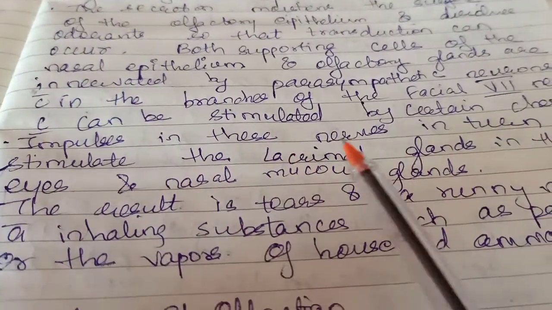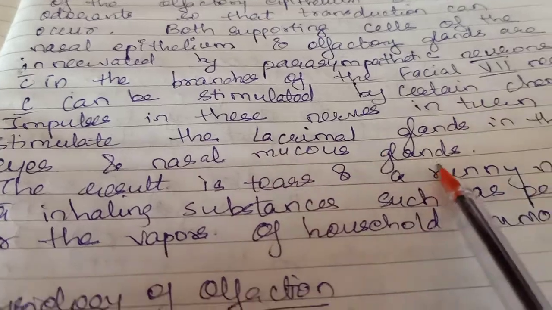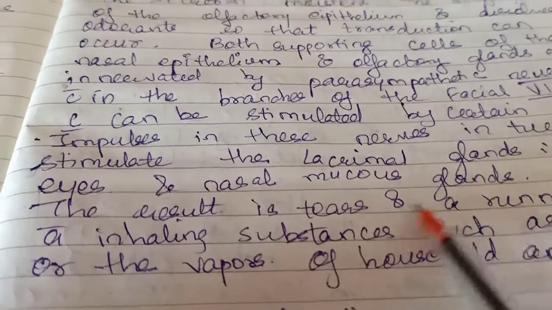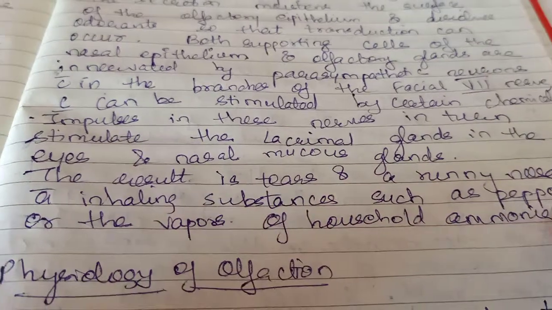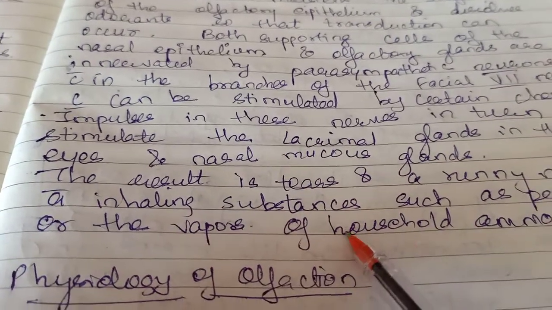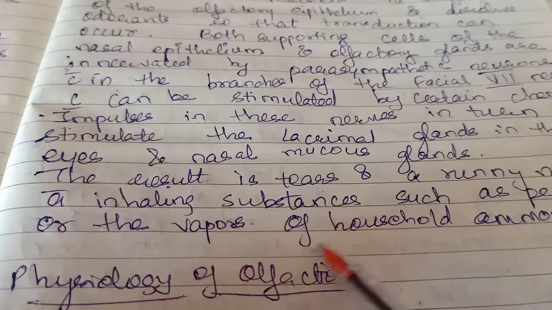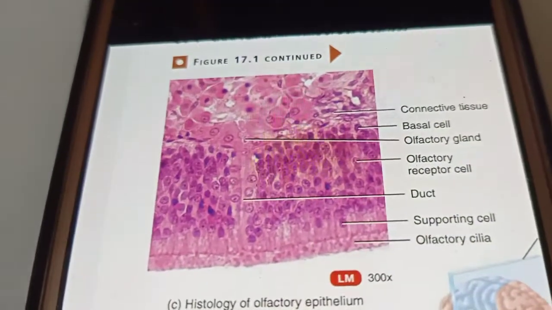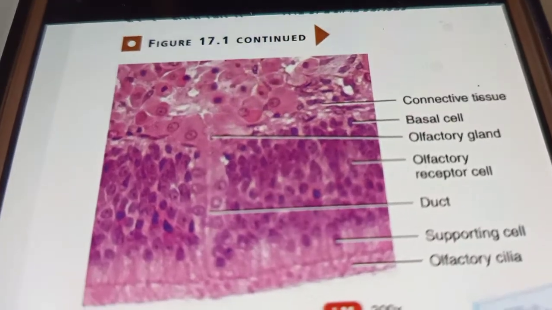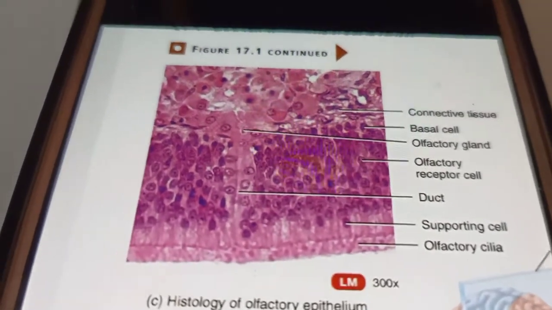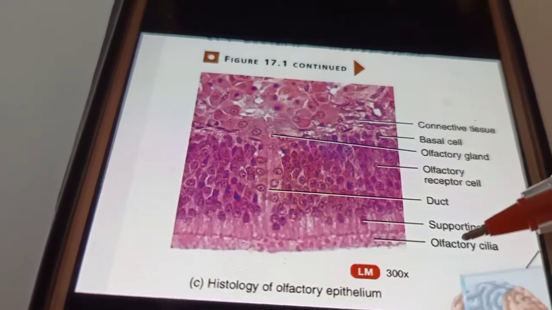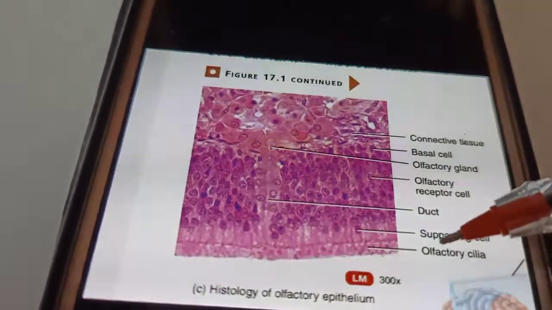Impulses in these nerves in turn stimulate the lacrimal glands in the eyes and the nasal mucus glands. The result is tears and a runny nose after inhaling substances such as pepper or the vapors of household ammonia.